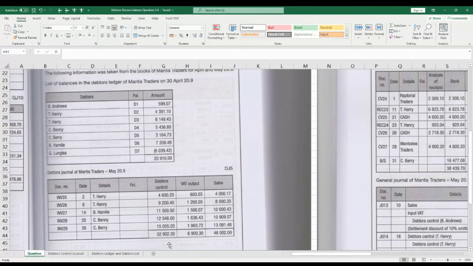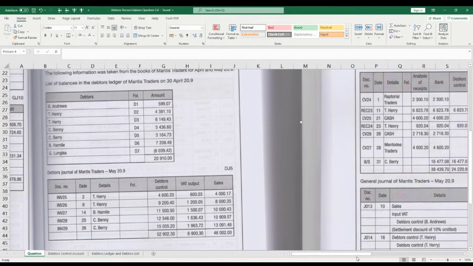And then the total of your debtors control, that amount will always go to your control account, because we said a control account is a summary of all of your debtors' information for a specific month. Okay, so that is page 45.